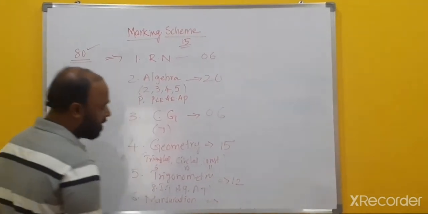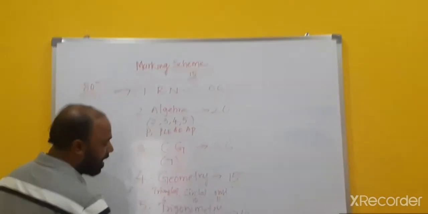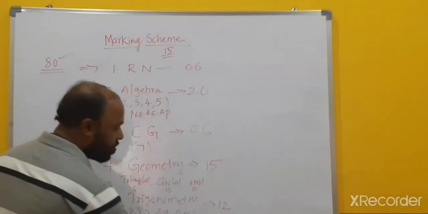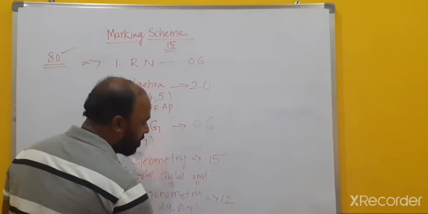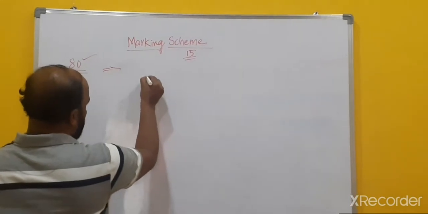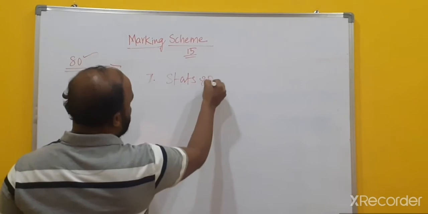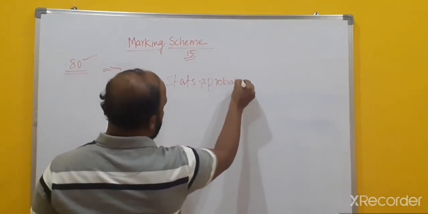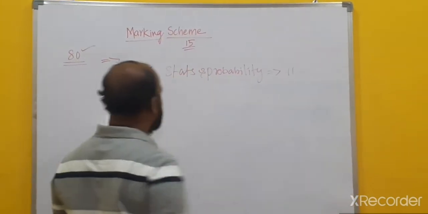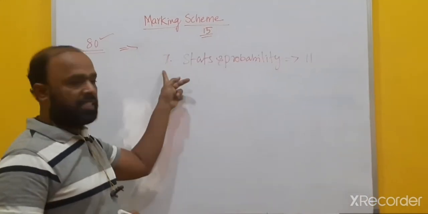In this mensuration, the 12th chapter is areas related to circles and the 13th chapter is surface areas and volumes. Together 10 marks. Then statistics and probability, together 11 marks. These 15 chapters are divided into 7 units.